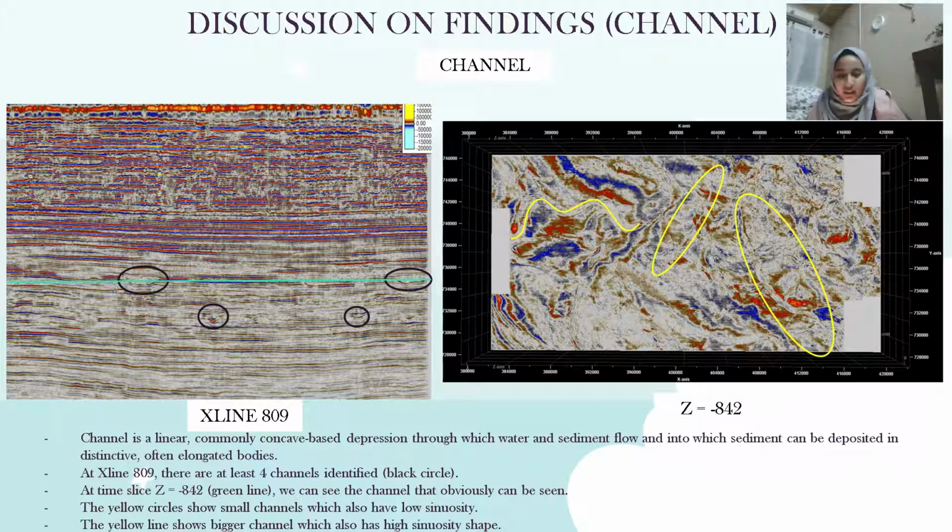We can see that there are channels that we have identified, and the yellow circles show the small channels which also have low sinuosity, while the yellow line shows a bigger channel which also has a high sinuosity shape.